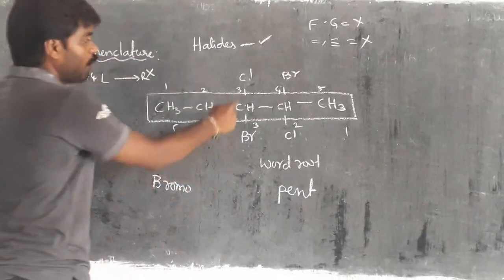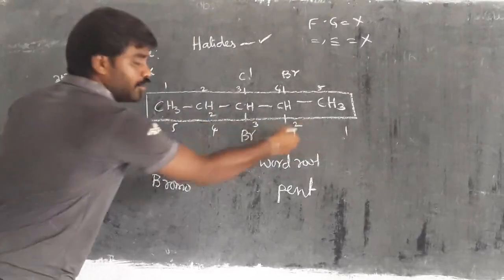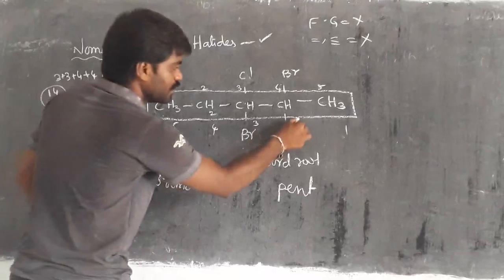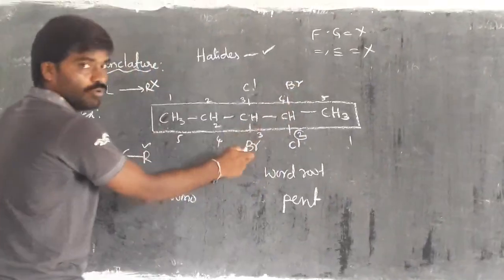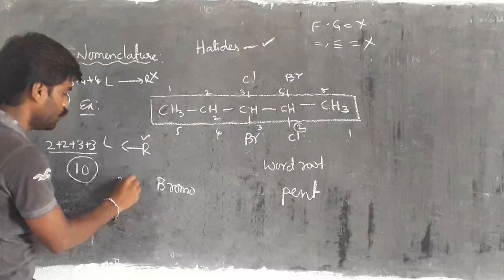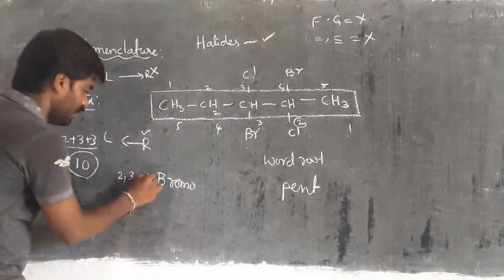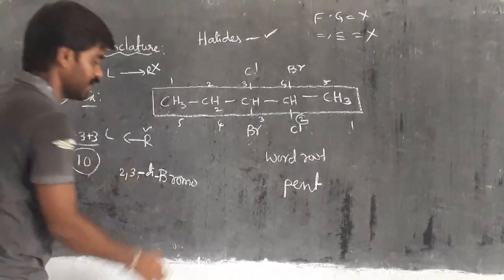At what place? We give the numbering from right to left to get the lowest sum. For that, what positions? On the second carbon we have bromine and on the third carbon we have bromine. For that we have to write 2,3-, hyphen and di. Di indicates 2 bromines are there.